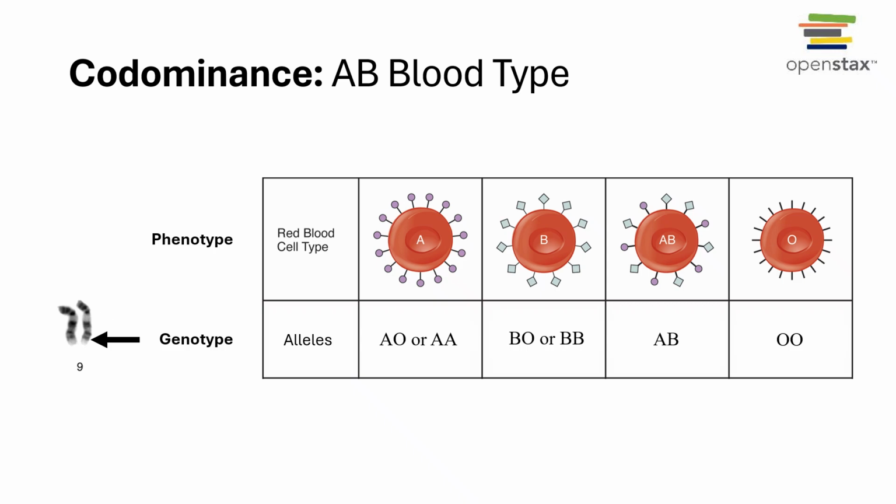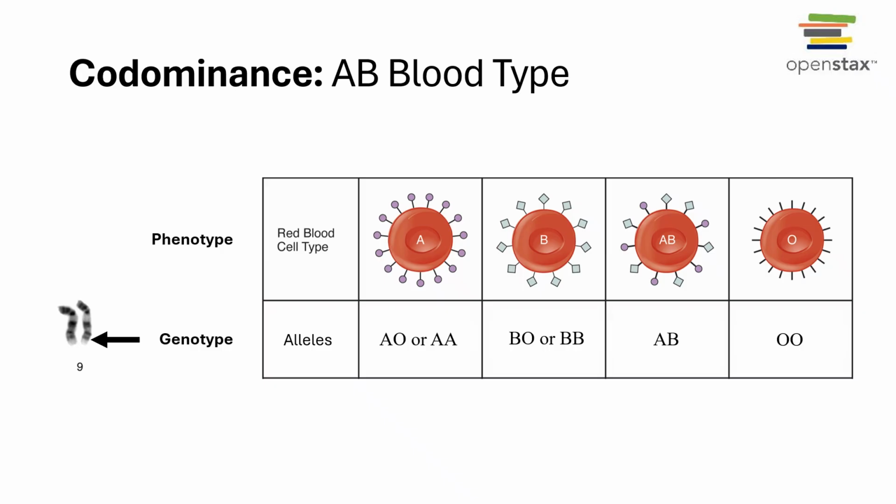The ABO blood type system produces four different phenotypes based on combinations of three alleles. These include two codominant alleles, A and B, and one recessive allele, O. Type O blood only occurs when an individual is homozygous with two recessive O alleles.